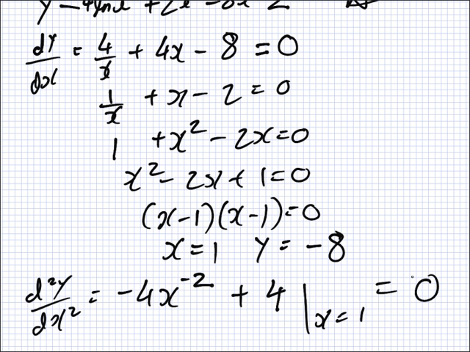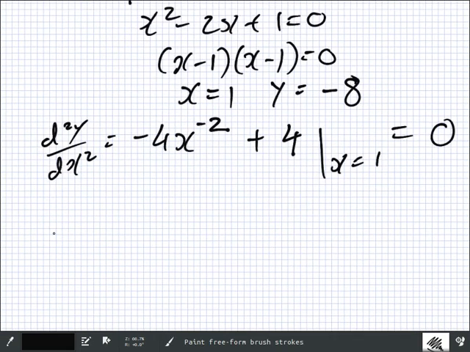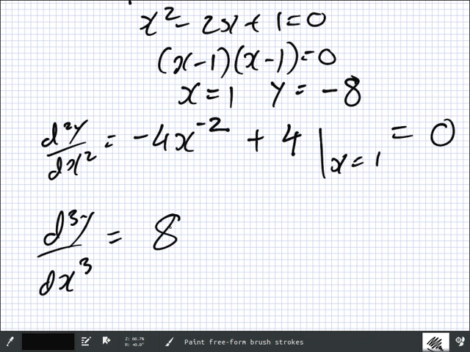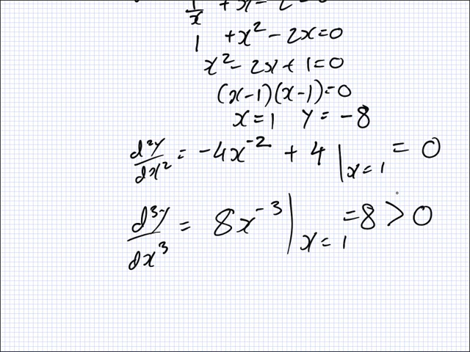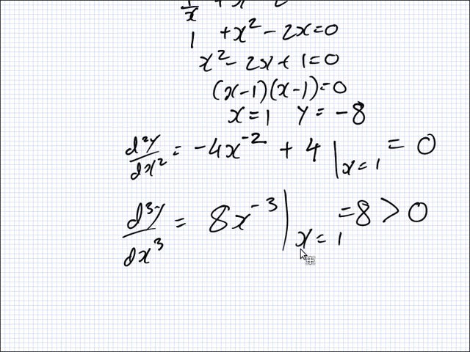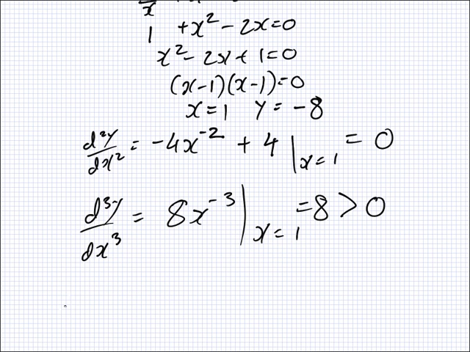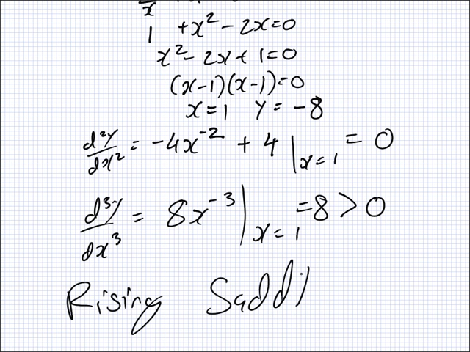No. So, next job? Third derivative. What do we get now? And when I put x equal 1, we get positive 8. So, if the third derivative is positive, that makes it a rising saddle, right? So, this is a rising saddle point.